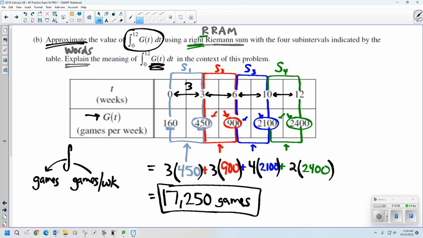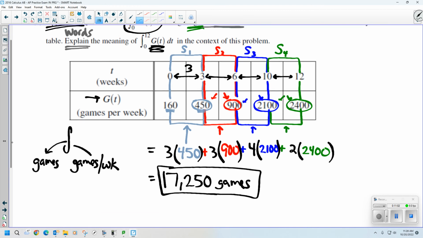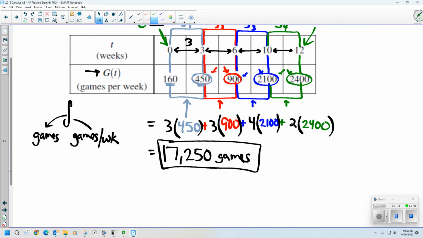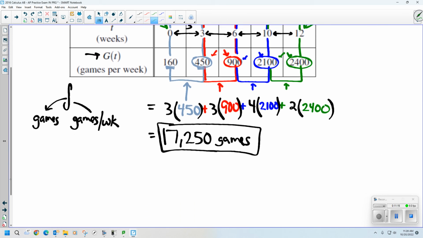But now we need to explain what that actually means in the context of this problem. Well, my bounds are from 0 to 12. So from week 0 to week 12, the area under the curve will represent the total.